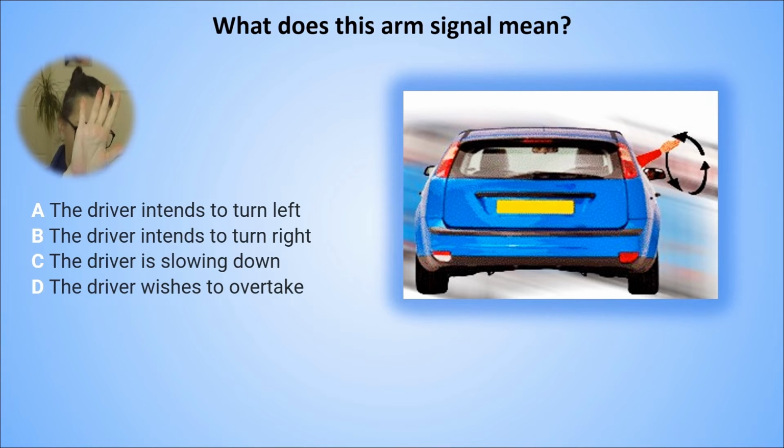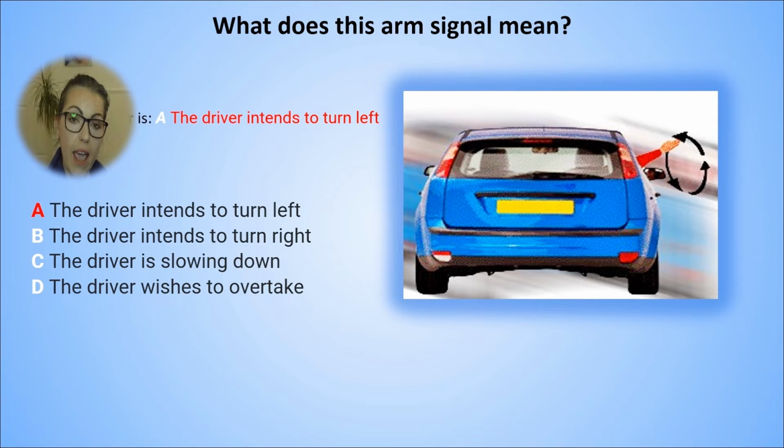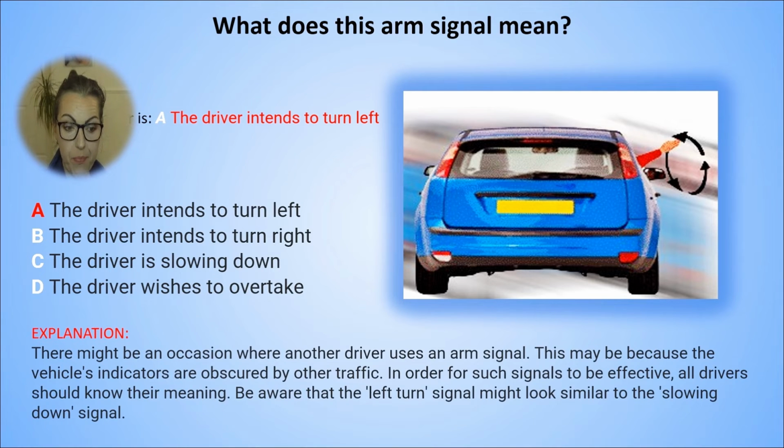5, 4, 3, 2, 1. Ready? The correct answer is A. The driver intends to turn left. Explanation. There might be an occasion where another driver uses an arm signal.